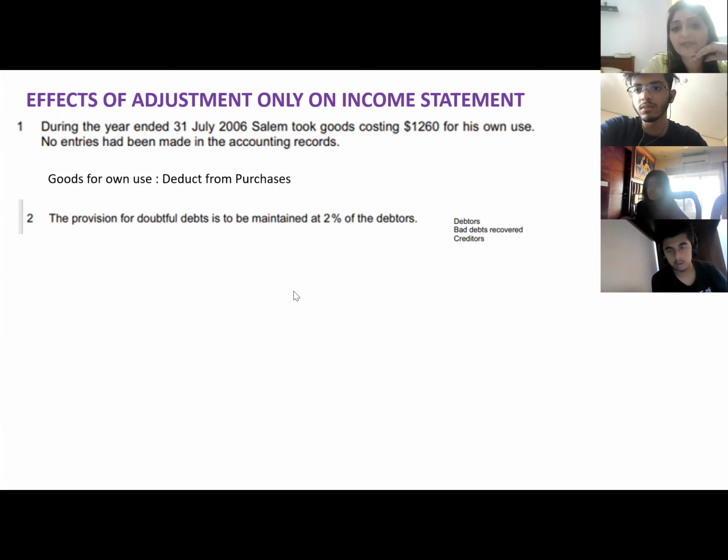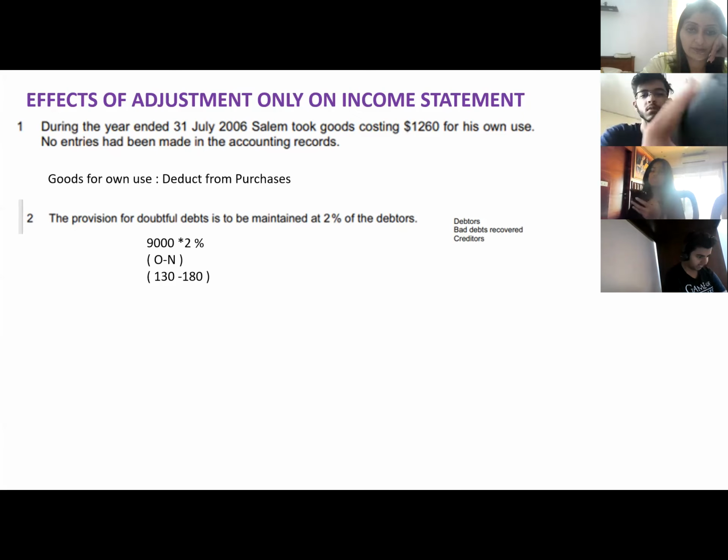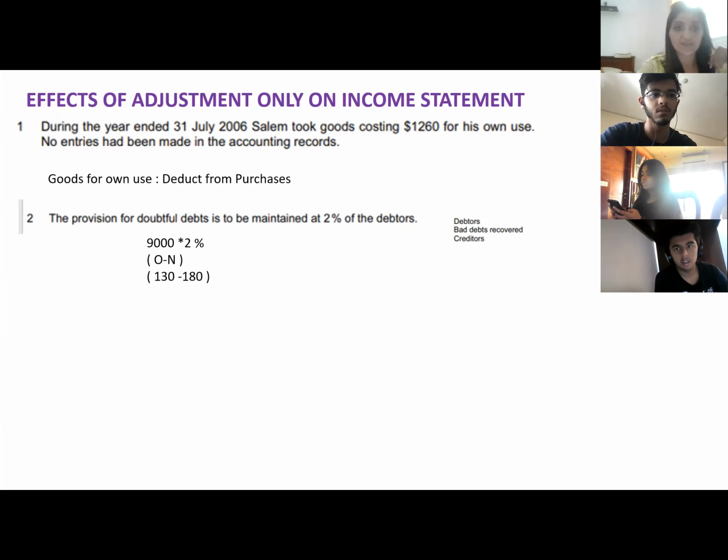Do you all agree? How much is it coming up to? 2% of 9,000 is coming as 180.